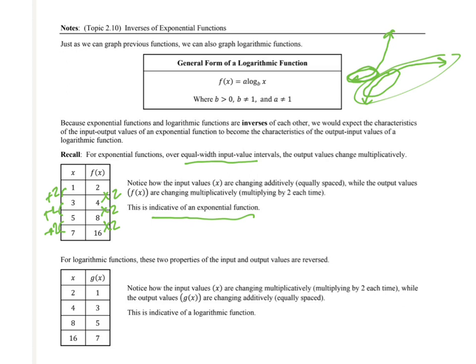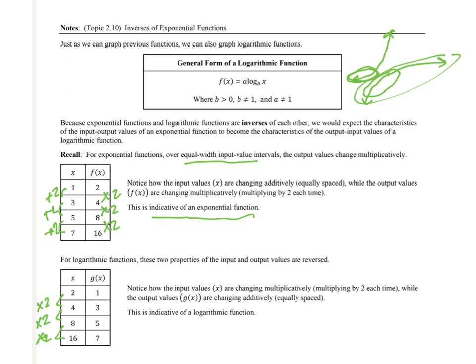It's fine. All right, for logarithmic functions, these two properties of the input and output values are reversed. So what should we see? It says, notice how the input values are now changing multiplicatively. Can you see it? Now my inputs are multiplying by 2 every time, while my outputs are doing what? They're just adding by 2.